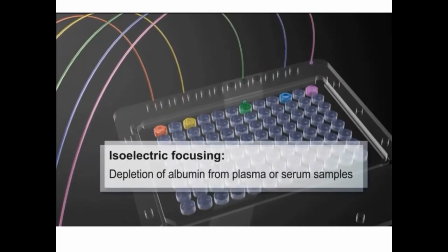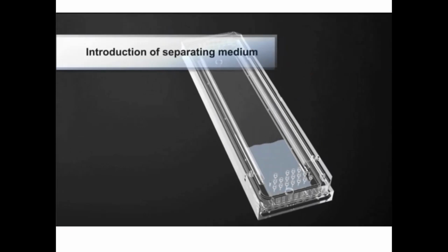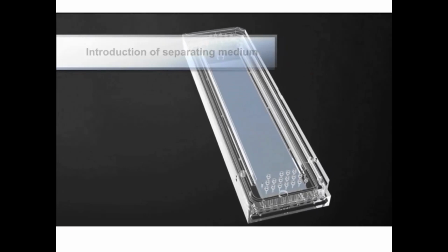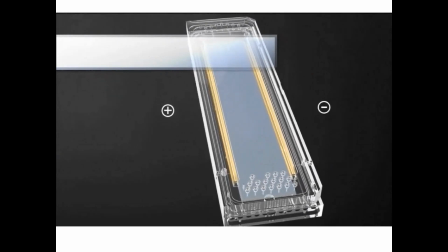So you can use different gradients. You can deplete certain proteins. You can separate isoforms. You can apply a zone electrophoresis with one zone only. You apply a very high voltage here.